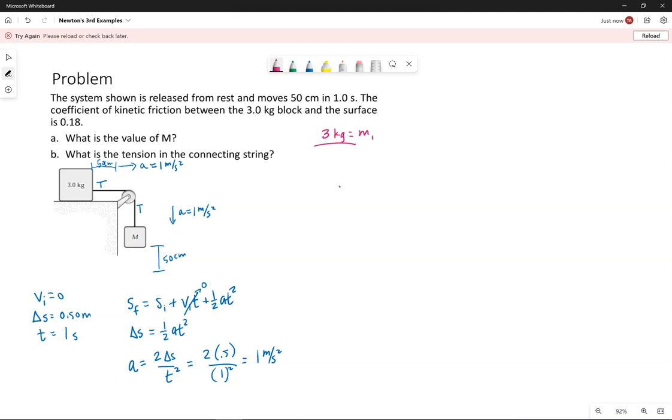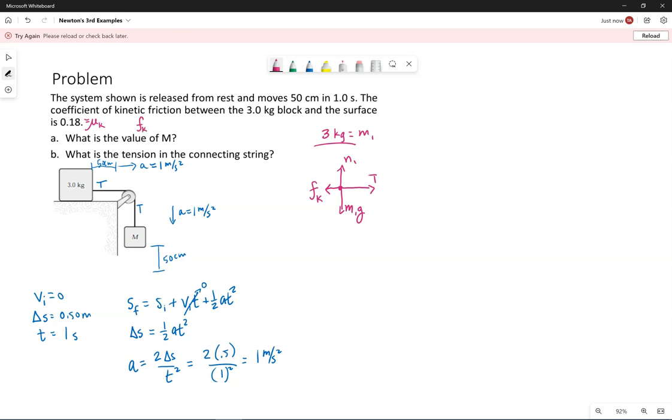Just as we've approached problems up until this point, we're going to draw a free body diagram. So we know the mass on the table is experiencing tension to the right, a normal force up, force of gravity down, and then some kinetic friction to the left. I know that because they've given us a coefficient of kinetic friction.